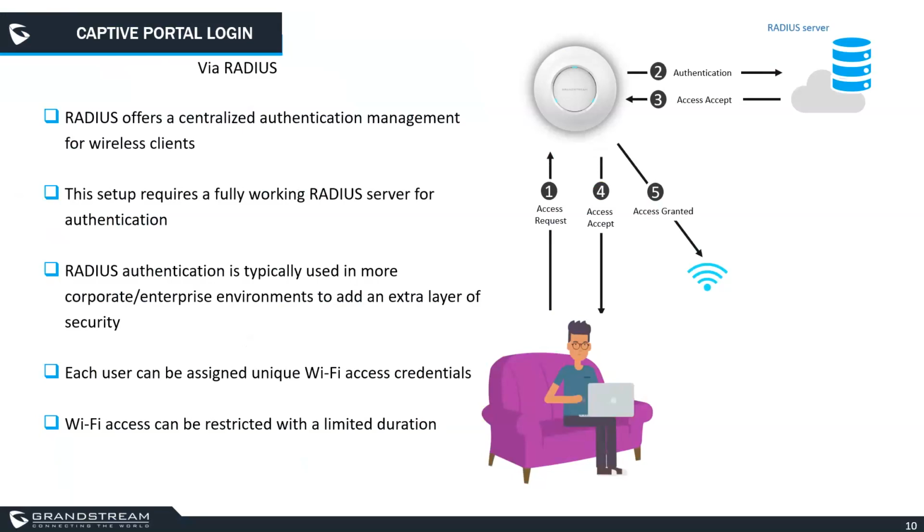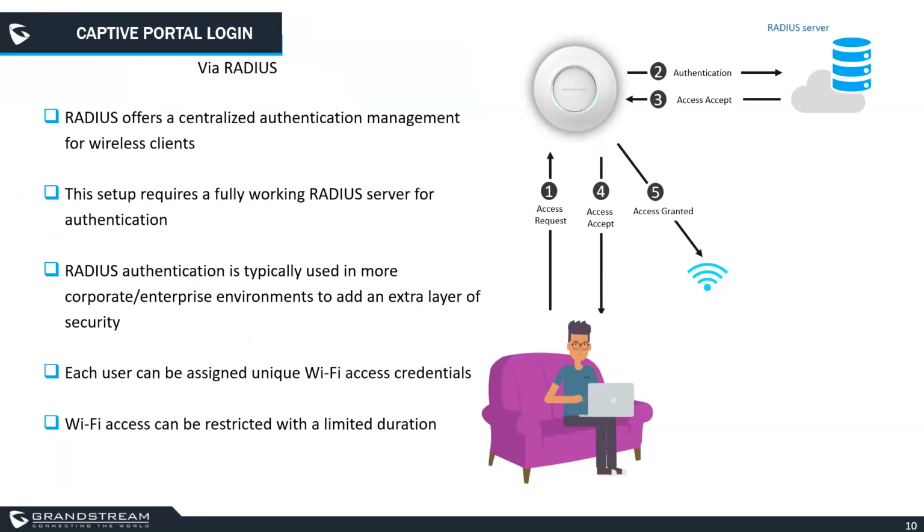In other words, you go to the server and create the credentials for the users, and you give those credentials to each user, which they should keep and use all the time to connect to the wireless network.